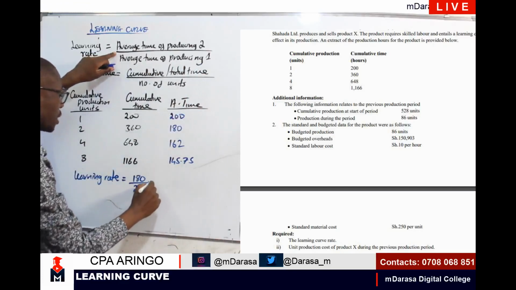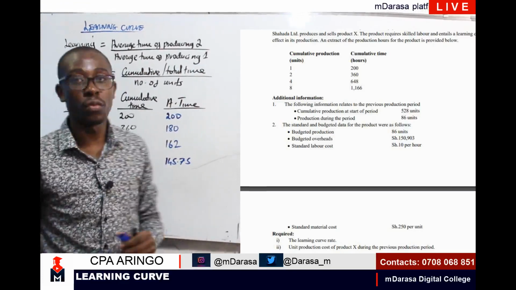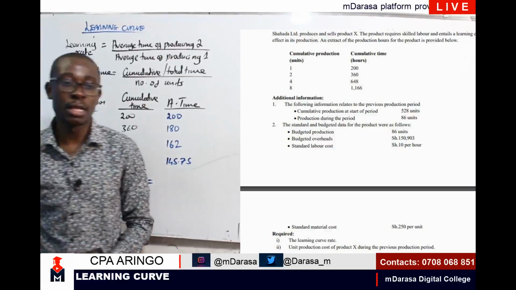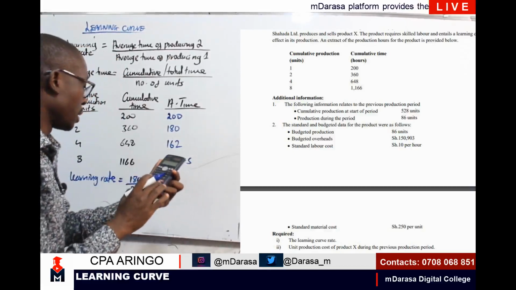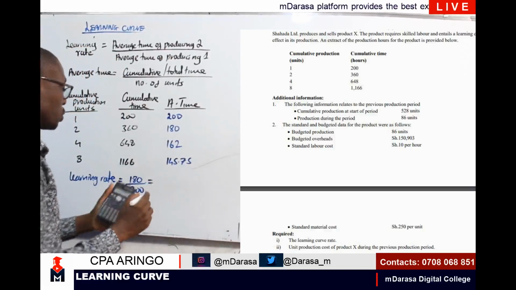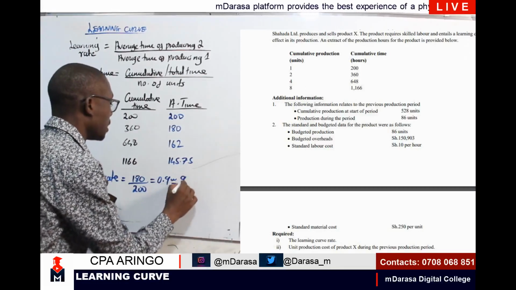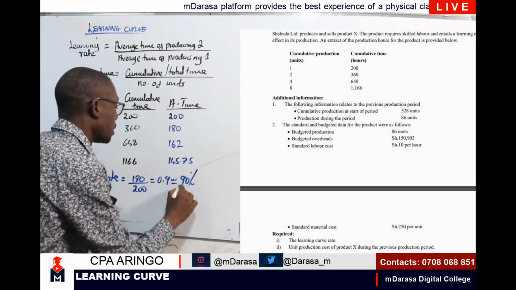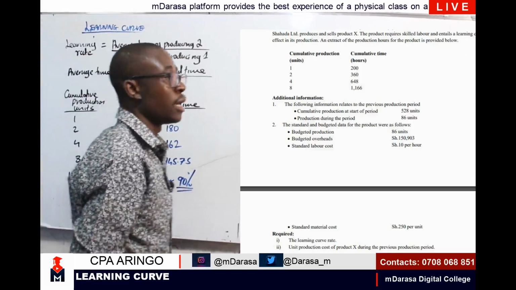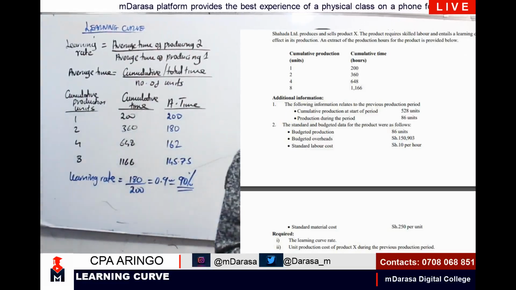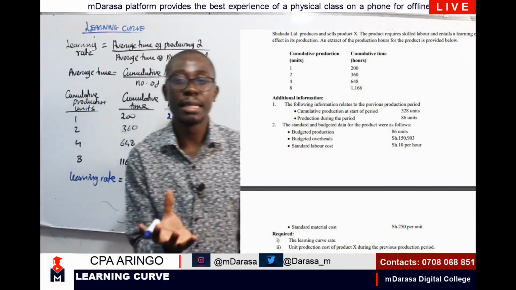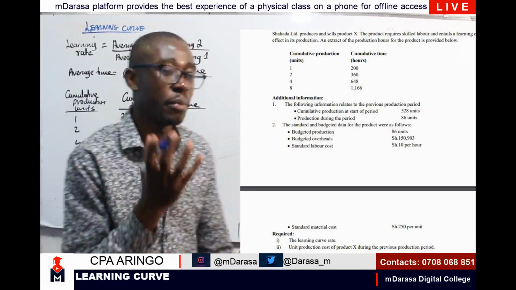That is 180 divided by 200, which gives us 0.9. We can translate it to 90%. So confidently, we can agree that our learning rate is 90%.